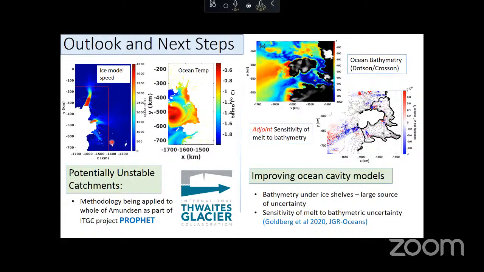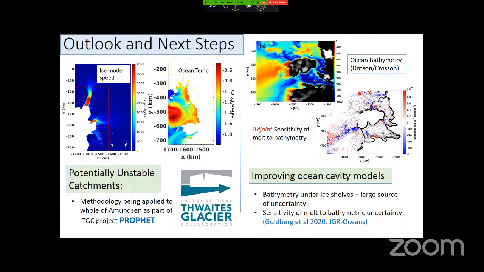I mentioned that we need to improve our ocean modeling, and that we need to know the bathymetry under these ice shelf cavities a lot better. A recent study I did looked at this. It didn't look at how to improve the characterization of the bathymetry, but at how to find where the bathymetry actually does matter to melt rates.